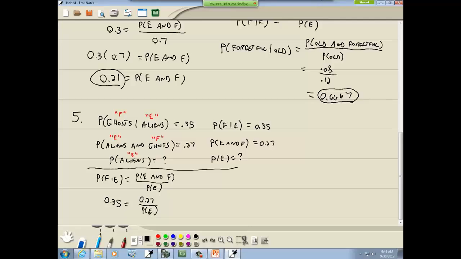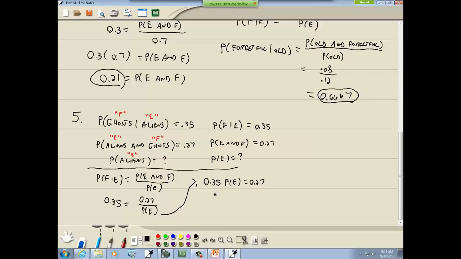If you remember from college algebra, when we're solving an equation, we always get rid of the fraction first. So we'll multiply both sides by the probability of E. That gives us 0.35 times the probability of E is equal to 0.27.